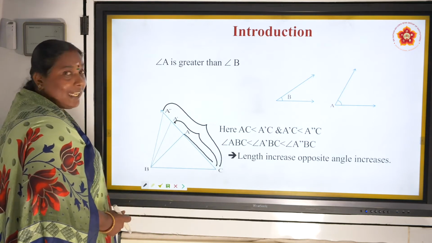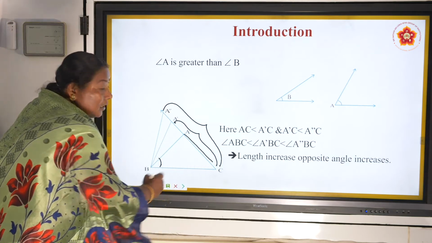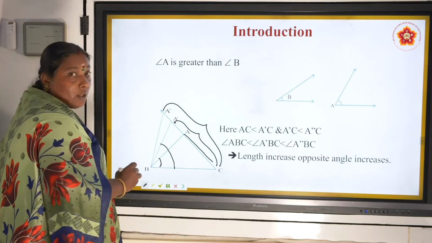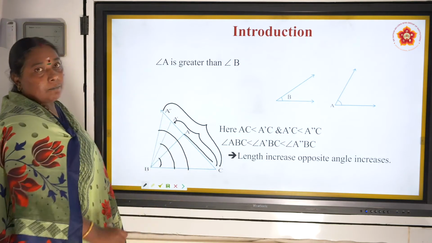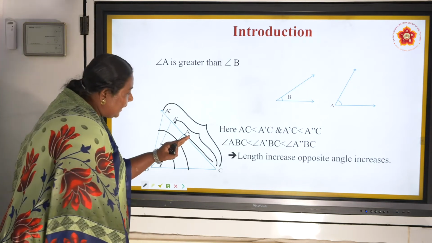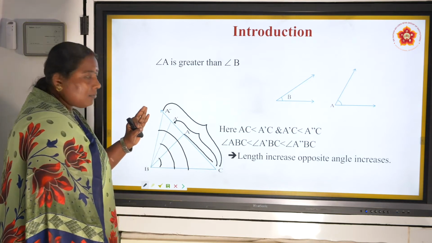Next, let us move on to the angle. Angle ABC is less than angle A dash BC, which is less than angle A double dash BC. Right? Here what we are seeing, when the length is increasing, my angle is also increasing.